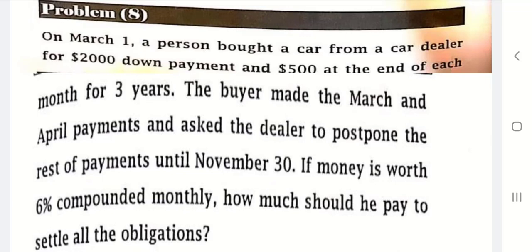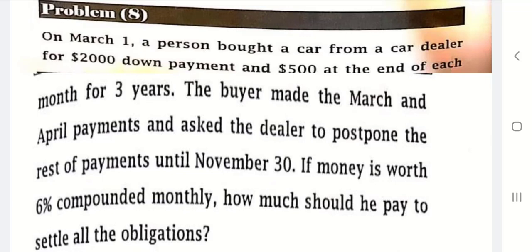If money is worth 6% compounded monthly, how much should he pay to settle all the obligations? The cash price here will be equal the down payment plus the present value of the annuities.